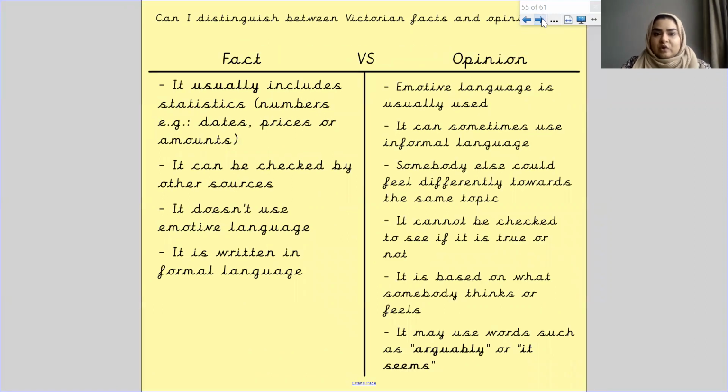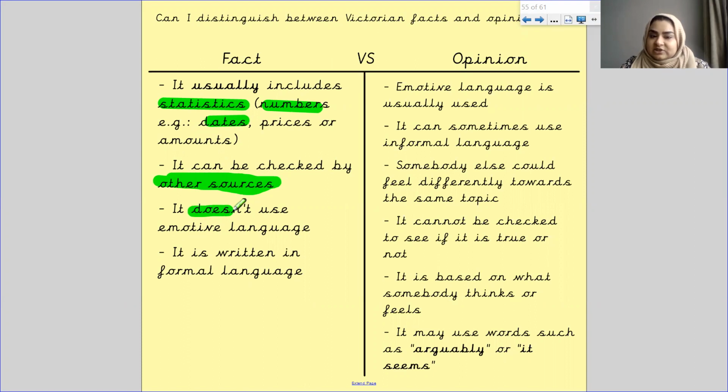So I have got the features of facts and the features of opinions here. If we look at this again, it says a fact usually includes statistics, so it actually has numbers and dates and prices. A fact can also be checked in other sources, so that means other sources will have this exact same information.